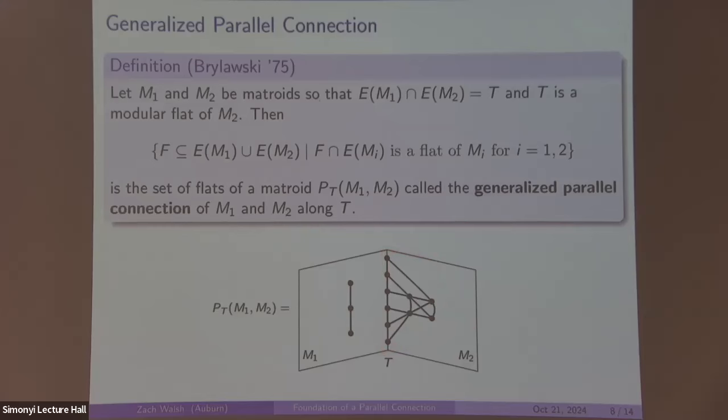For rank 3 matroids, that just means that any hyperplane has to intersect T. Hyperplanes have rank 2 here. If I look at the hyperplane spanned by these 2 points, it intersects T right here. That's true for any hyperplane, and for rank 3 matroids, that's enough to show that T is a modular flat.